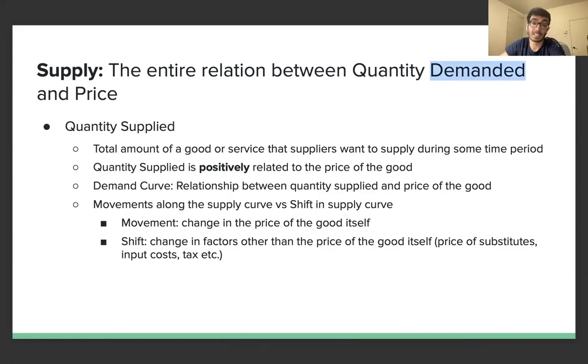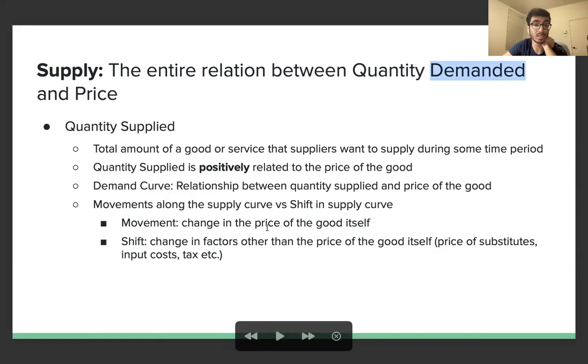And quantity supplied is positively related to the price of the good. And the reason for that is, from the viewpoint of the producer, if a product is selling at a higher price in the market, you would want to sell more of that product to get more money. So that's the reason why, just logically, quantity supplied is positively sloped.